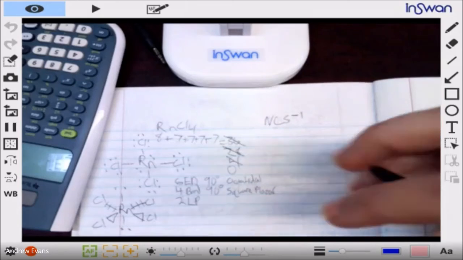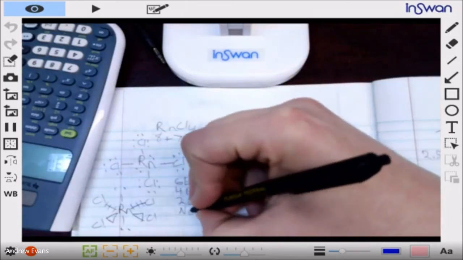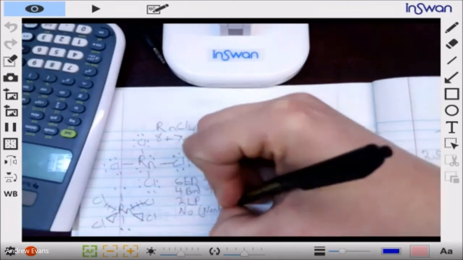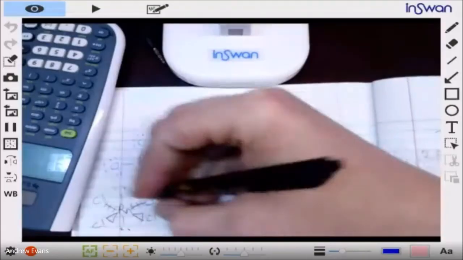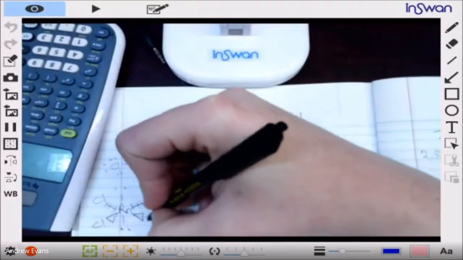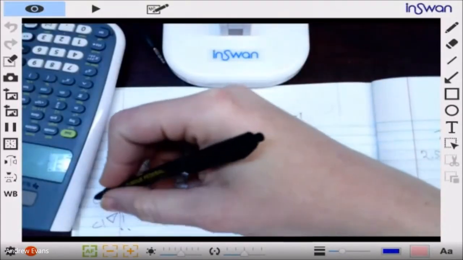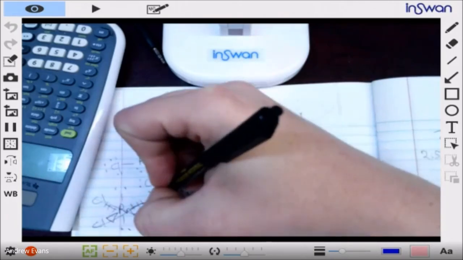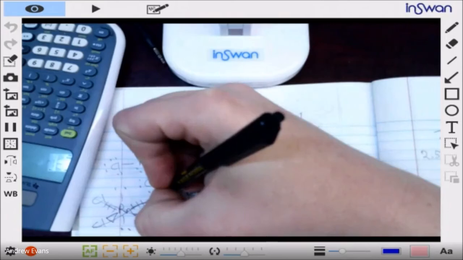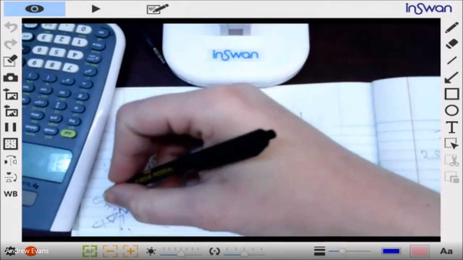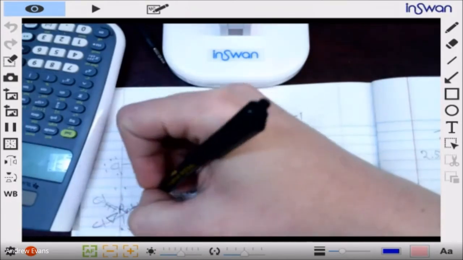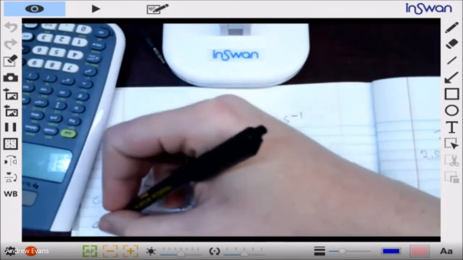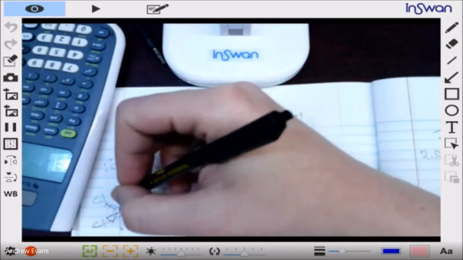The answer is no. It's non-polar. Why? Even though all these bonds are polar, you can see this guy cancels that guy. They're opposite of each other. Because of the nature of square planar, each chloride cancels the other chloride. So we have no net dipole, even though each bond is polar.